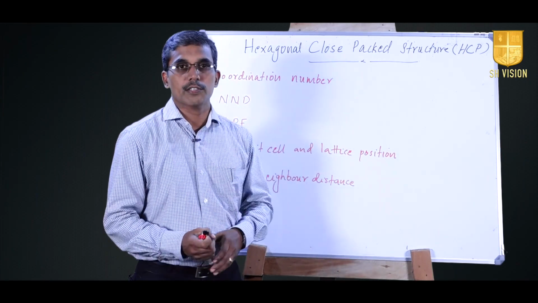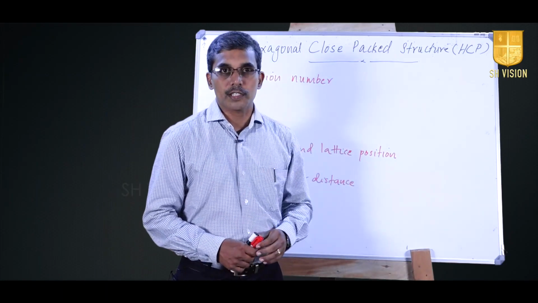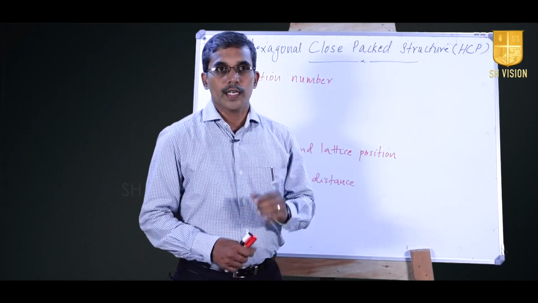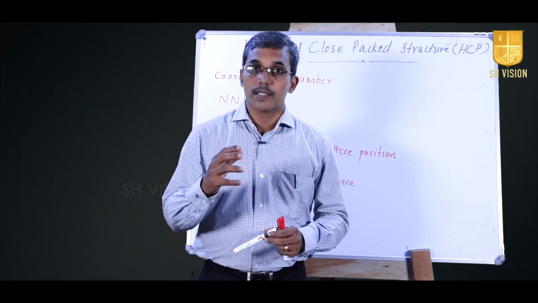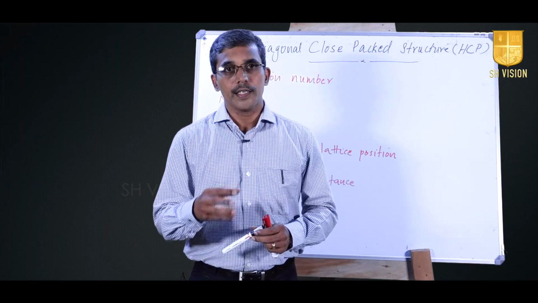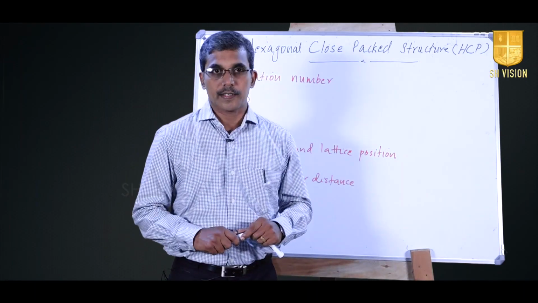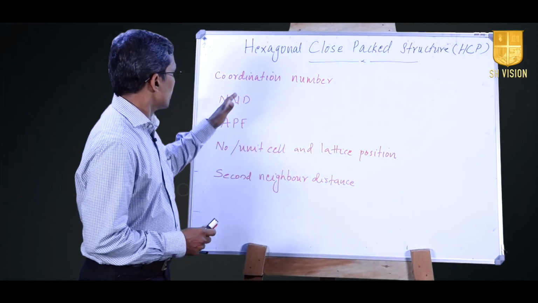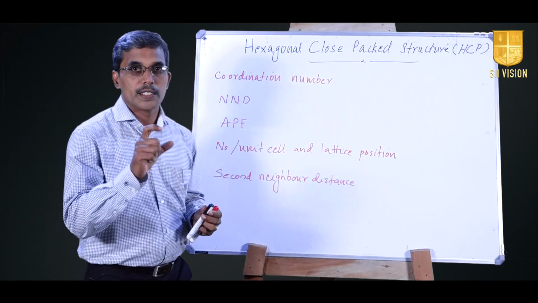We have seen in the case of simple cubic crystal structure, this coordination number is found to be 6. In face centered cubic crystal structure, coordination number we got 12, and in body centered crystal structure we have seen coordination number is 8. Then we have seen nearest neighbor distance, which is the distance between two immediate neighbors.